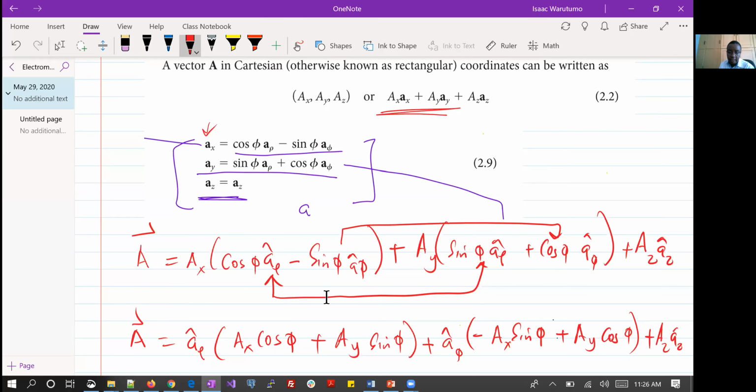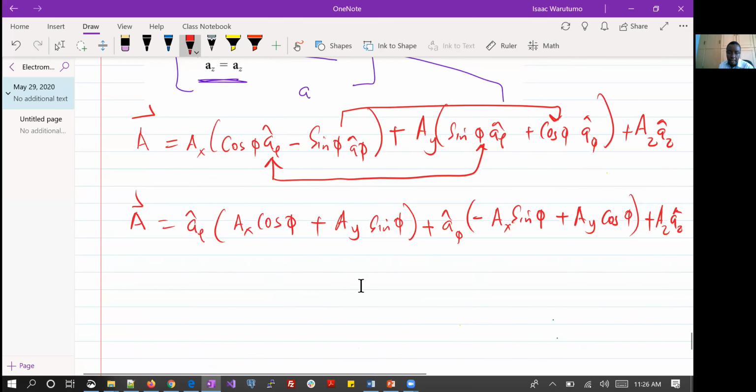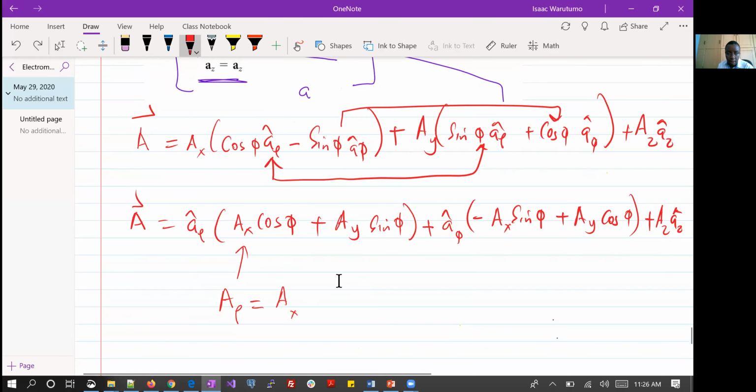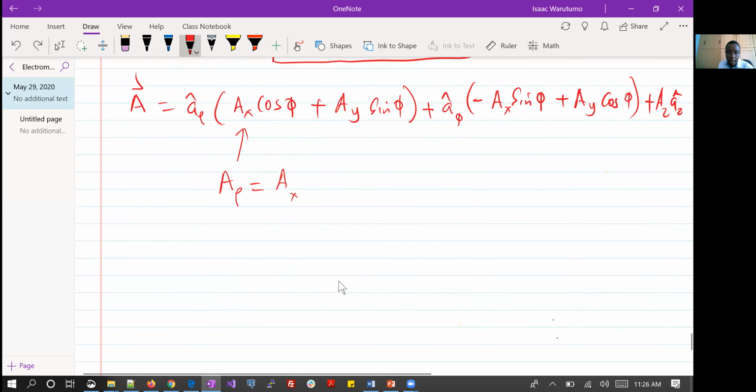And therefore we are saying that this becomes my A rho, which is equal to AX cos phi plus AY sin phi.